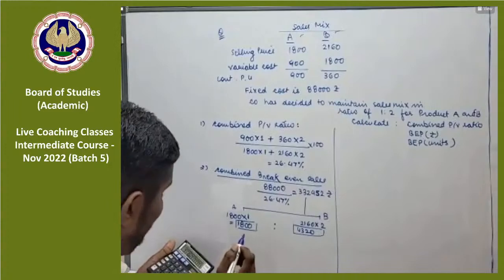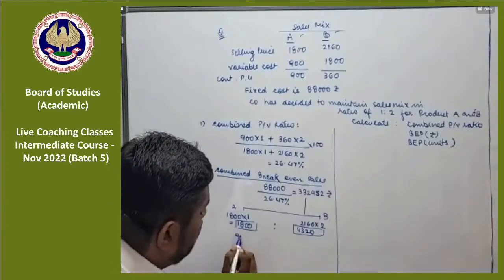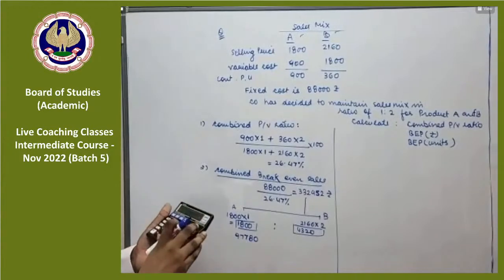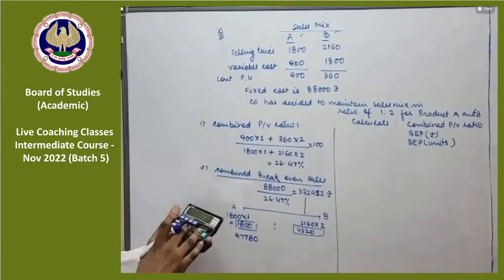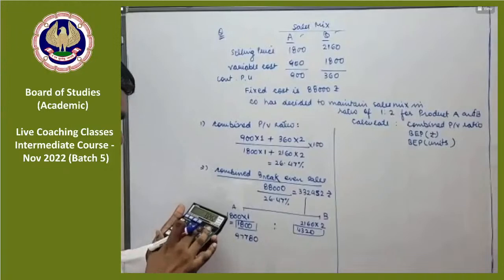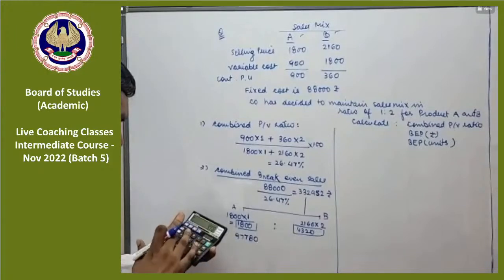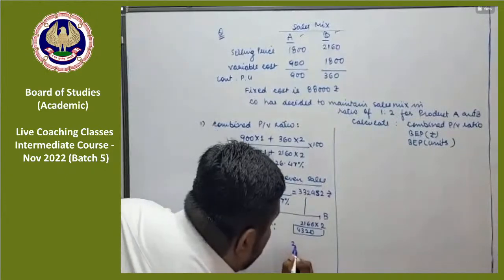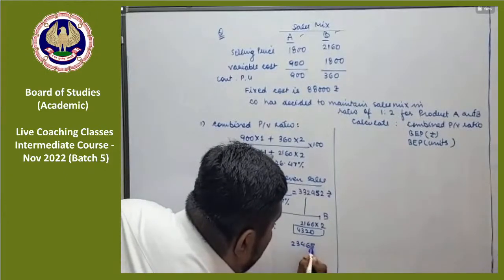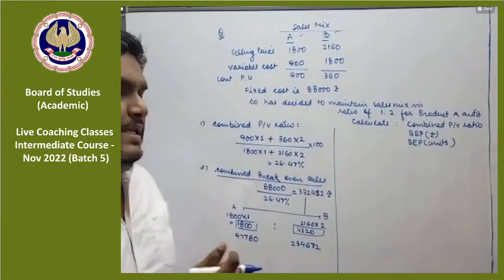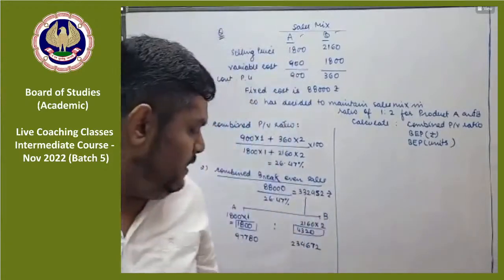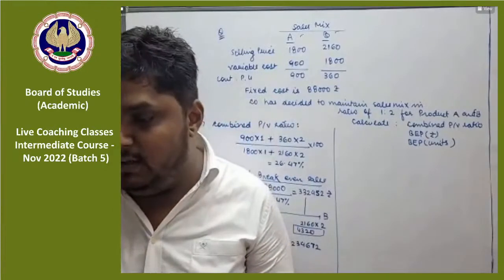So this will be 97780. So this is the way the combined break-even sales is calculated and the individual break-even sales is calculated.